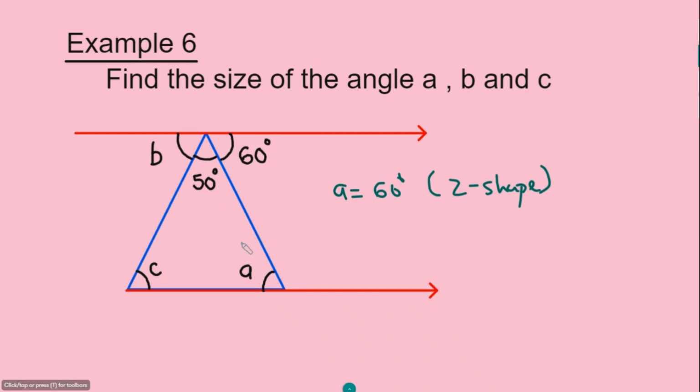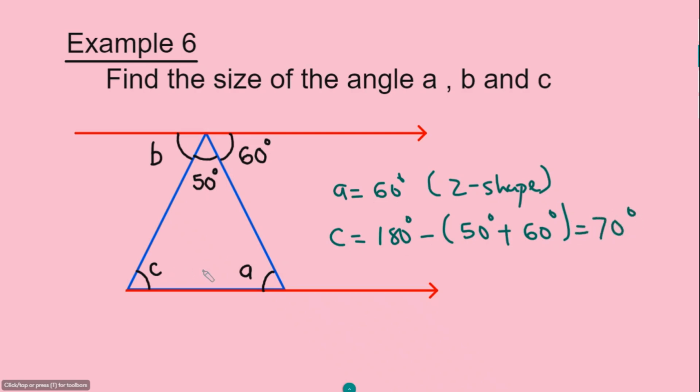Then the angle C is very easy to work out if you consider that the sum of these three angles will give you 180. So definitely C will be the sum of 50 and 60 subtracted from 180. So it's going to be 180 minus the sum of 50 and 60 degrees. Of course, 50 plus 60 will give you 110, and subtracted from 180 degrees, this will give you 70 degrees.